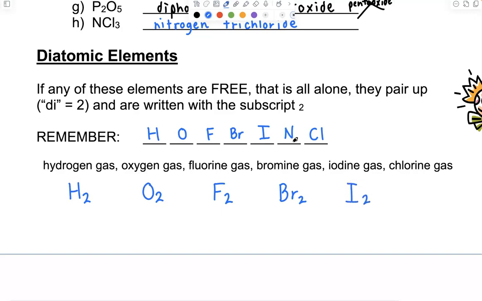I'm so sorry, it looks like I forgot the nitrogen. So maybe we can just add that up here. And that, as I'm sure you can see, is going to be N2. And then your Cl in your Hofbrinkel is going to be chlorine gas, which is Cl2. So that concludes our lesson for today. Thank you all for watching.